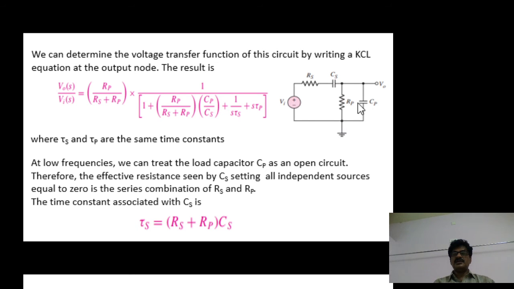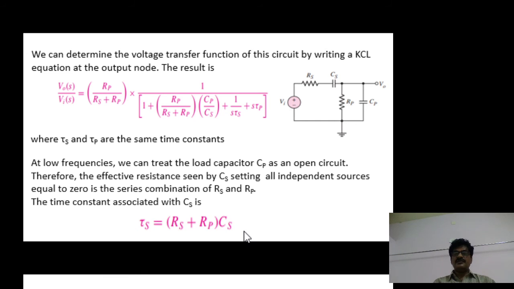At low frequencies, Cp acts as an open circuit, and the effective resistance seen by CS is RS and RP connected in series. Therefore, the time constant is tau s equal to (RS plus RP) into CS. Time constant is resistance into capacitance.